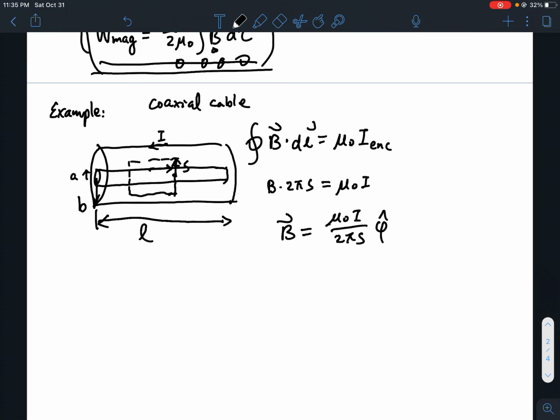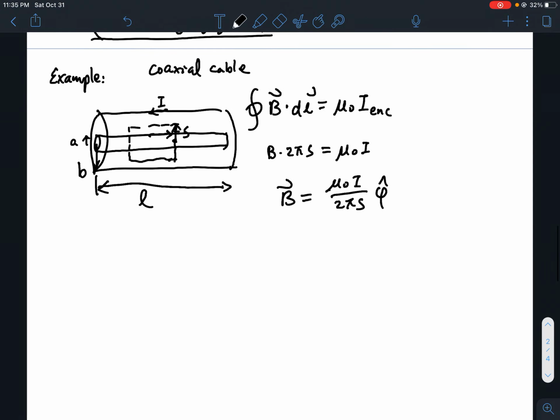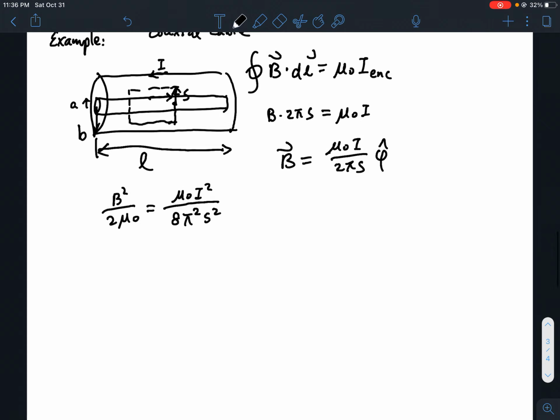Once we have the B field, we can get the energy density, B squared divided by 2 mu 0, which gives us mu 0 I squared divided by 8 pi squared s squared. So this is the energy density, and then the amount of work is just this density times d tau, the volume.